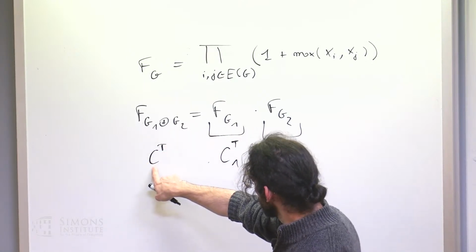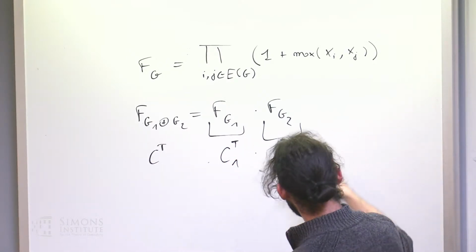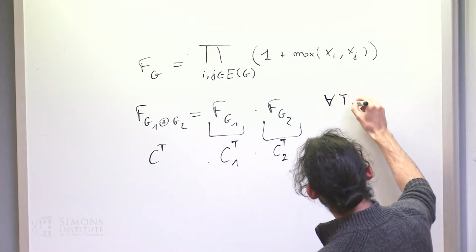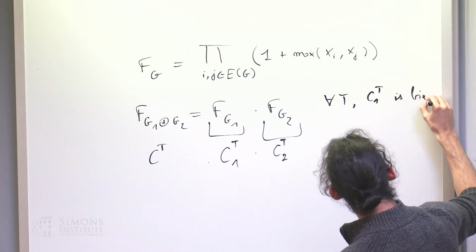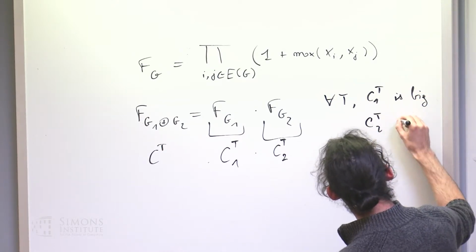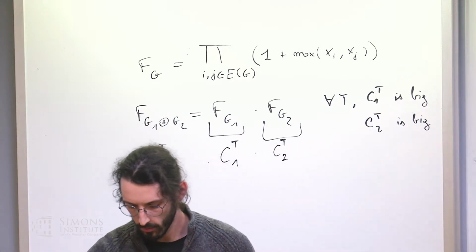This has to be exponentially large, so one of these has to be exponentially large, at least one. So for all T, either this is big or this is big. One of the two has to be large. Maybe both of them are, but at least one.